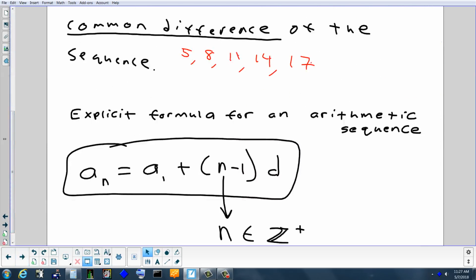So to find an explicit formula, first thing you have to do is take the first term plus n minus 1 times d. And remember, n has to be a positive integer, because n represents a position in a sequence. There's no such thing as negative position, and there's no such thing as a decimal position.